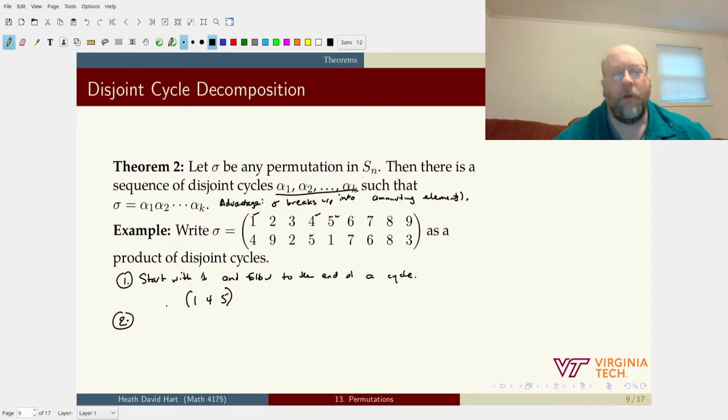So then start with the smallest element that hasn't been seen yet. Start with the smallest unused element and follow it to the end of a cycle.